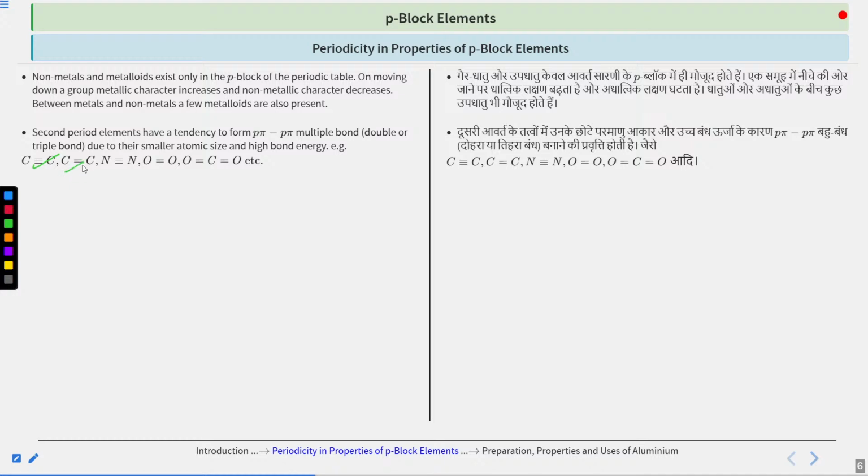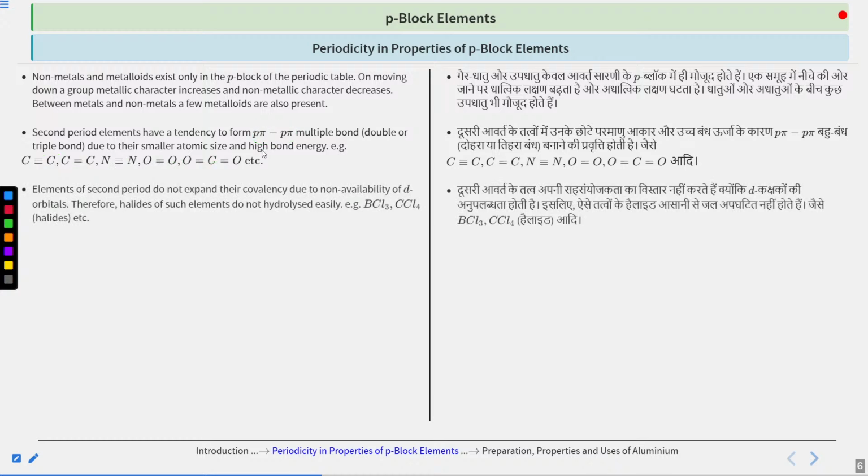The same goes for carbon double bond carbon, nitrogen triple bond nitrogen, oxygen, and carbon dioxide. In all of these you can see that the elements present in the upper part of the p block, which have the lower atomic number, have a greater tendency to form p pi-p pi bonding. This is a very important point, you should remember this.